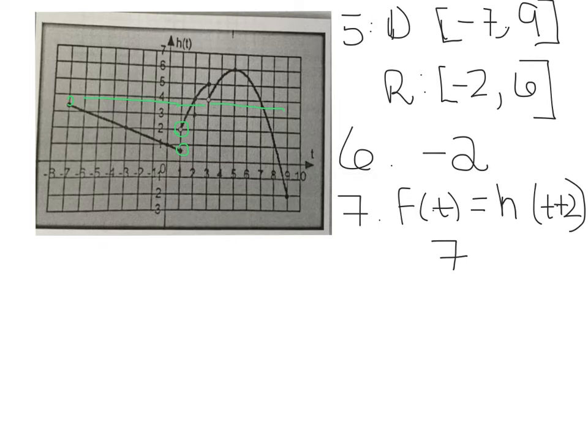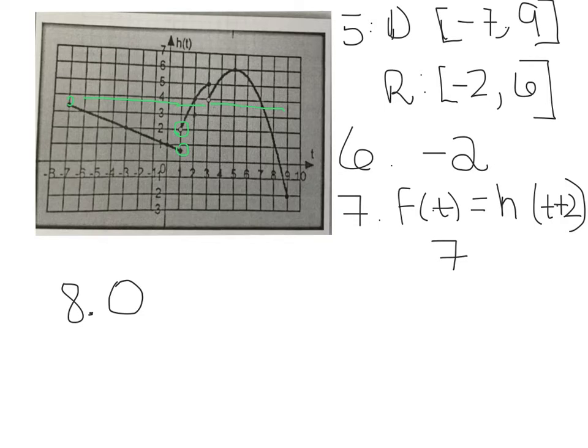And then it says for number 8, what is the absolute minimum value for q of t, which is some new function that took my h of t and moved it up 2? So if my minimum was at -2 and I moved up 2, then my new minimum is going to be at 0.